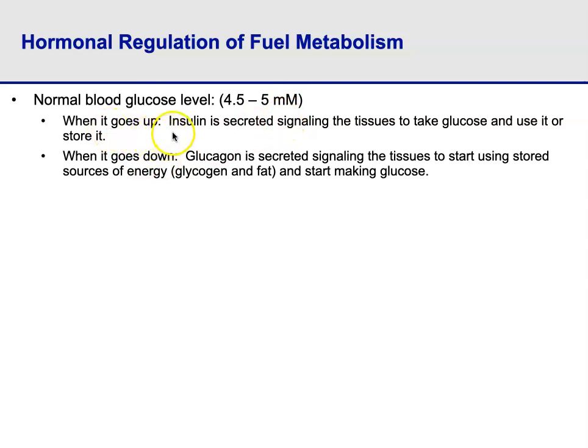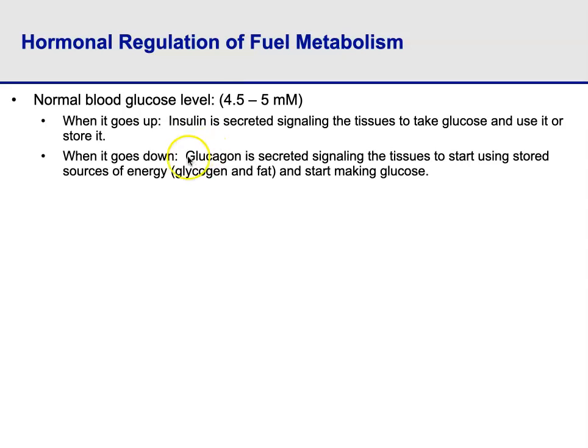So when the glucose concentration goes above the 5 millimolar benchmark, insulin is secreted, and the signal that insulin carries to the tissues is pick up glucose and use it, make energy, or if you don't need energy, store it, either as glycogen or as fat.